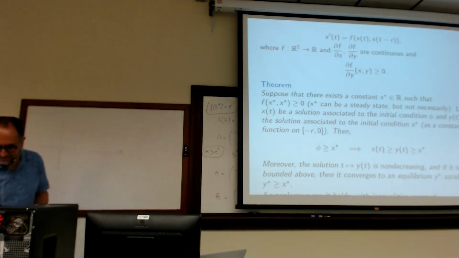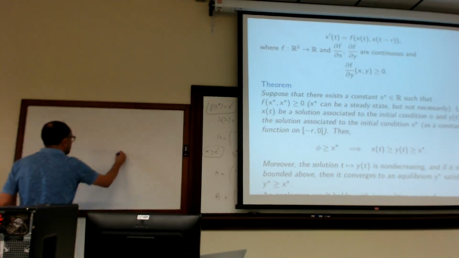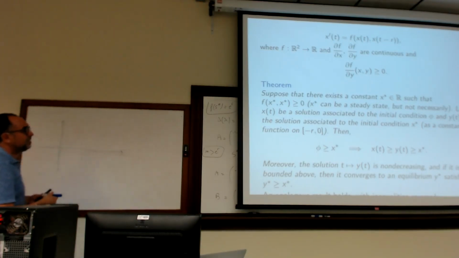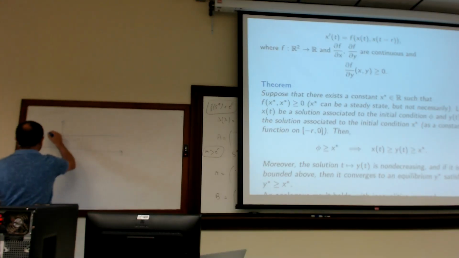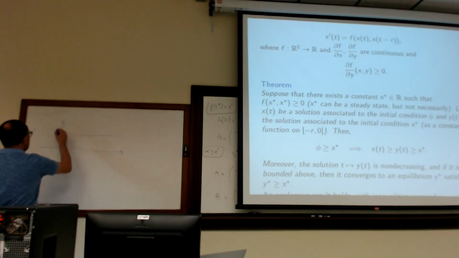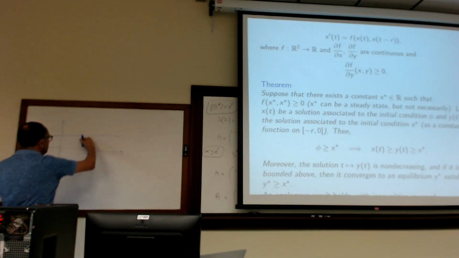Very quickly. Maybe I have to take a real example. If we take a constant here, x star, and you take initial constant bigger than this constant, and you take solution from this constant, if it's steady state, you will stay here.